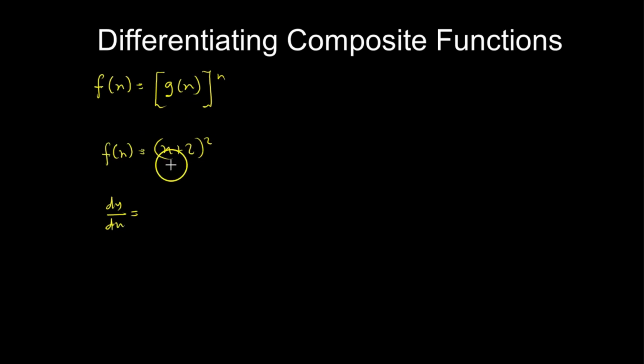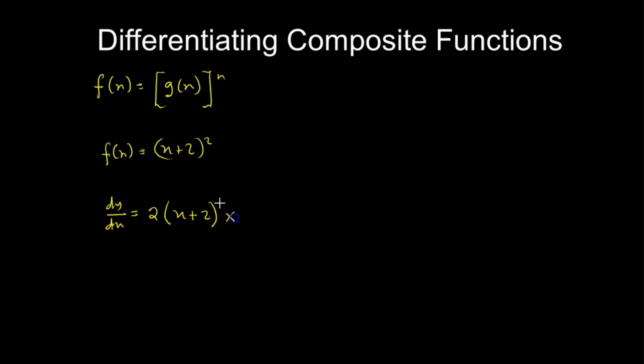So outside the bracket, I have 2 into bracket x plus 2, then subtract 1 here, because you maintain what is inside the bracket, but you differentiate what is outside the bracket.